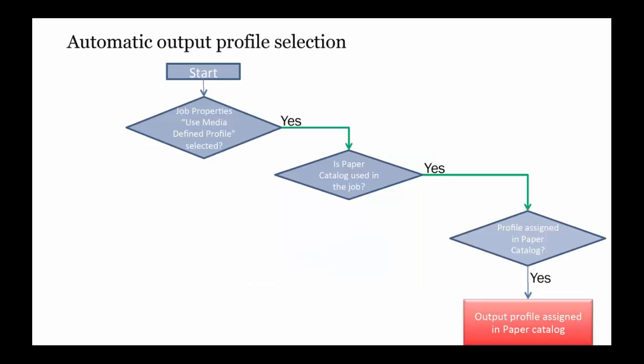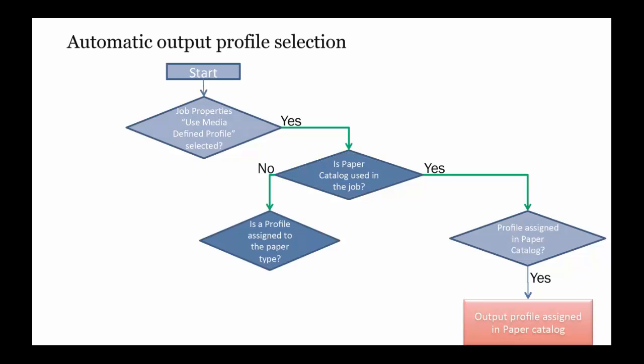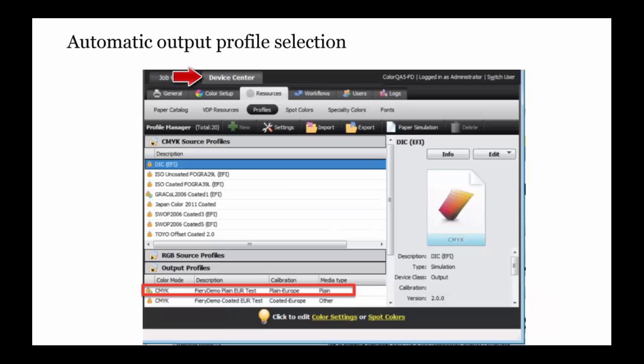If the Paper Catalog is not used, and some Fieries don't have the Paper Catalog, then the next thing to find out is if there is a profile assigned to the specific paper type or media type that I've chosen. So in this example, in the Device Center of Command Workstation, under the Resources Profiles, I can look at each output profile and I can see if there's a media type assigned.